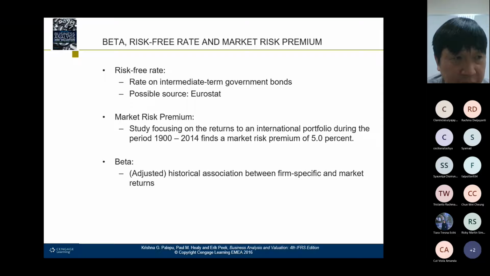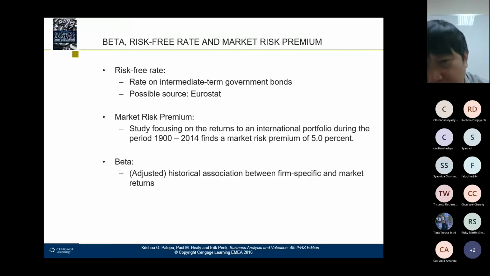The risk-free rate we can take from the historical data of intermediate-term government bonds. For the market risk premium, you can focus on the return to an international portfolio during the period 1900 to 2014, and it can help you find a market risk premium of 5.0%.